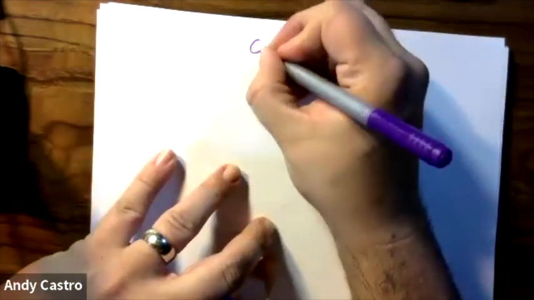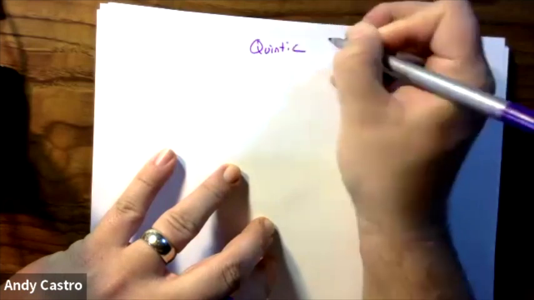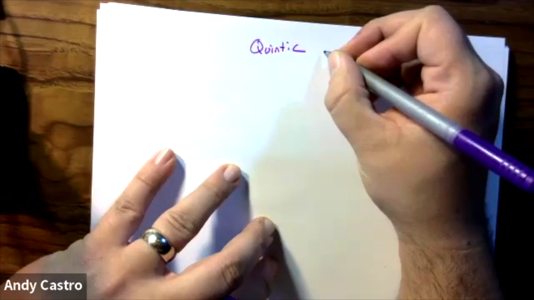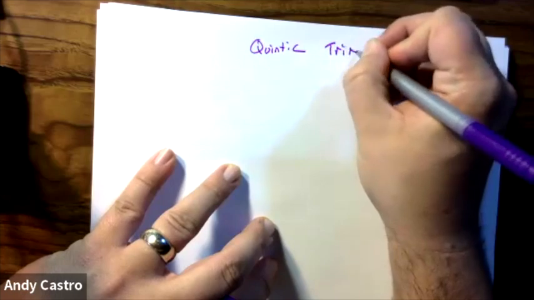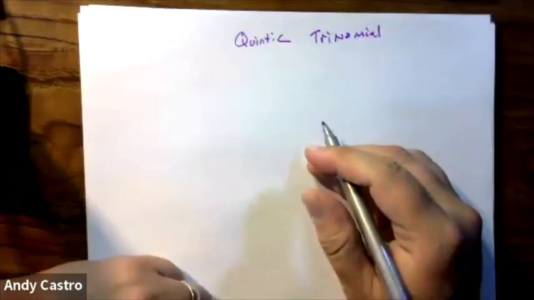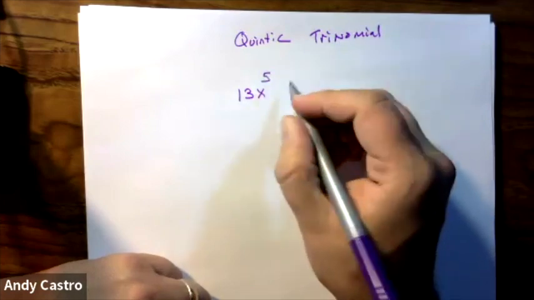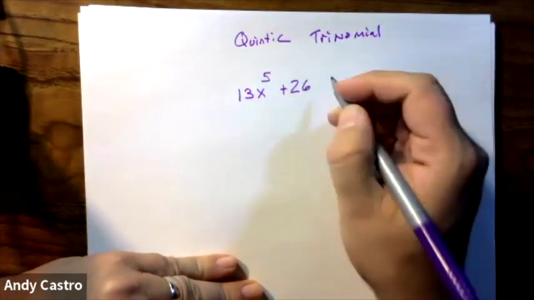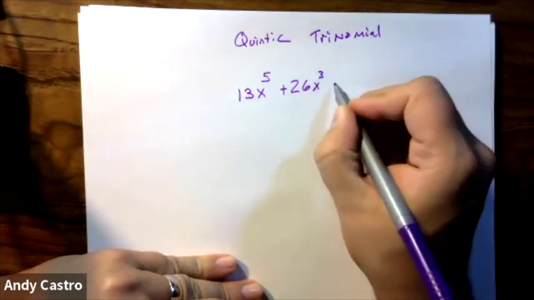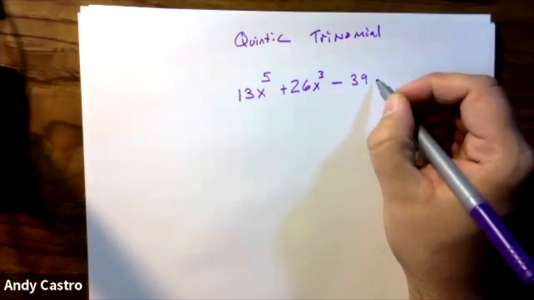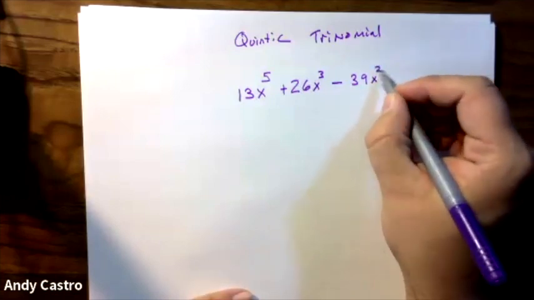Now let's look at a quintic trinomial. We're going to have 13x to the 5th plus 26x to the 3rd minus 39x squared.